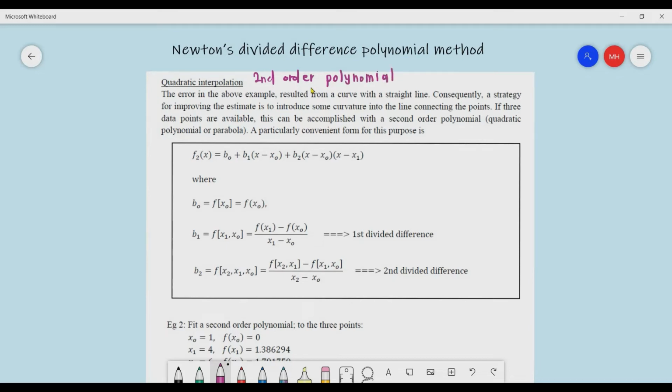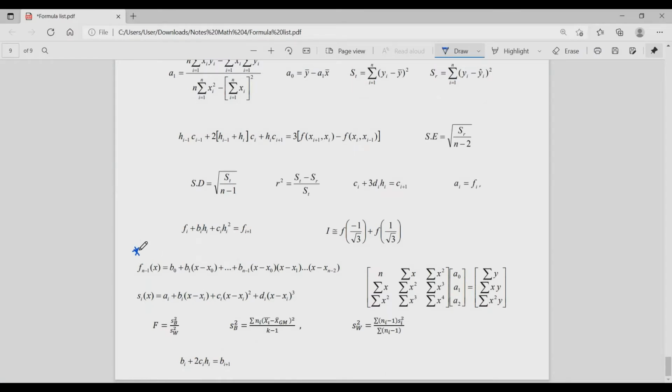So this is basically the equation for quadratic interpolation using Newton divided difference. This one is for second order. The equation that I starred here is the general equation for Newton divided difference in order to find the polynomial function.